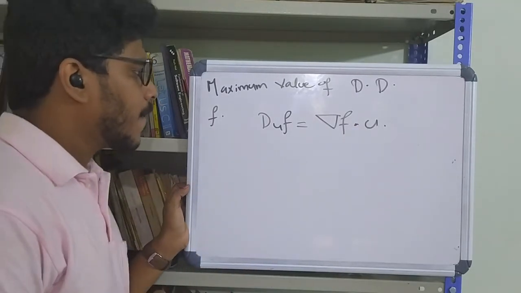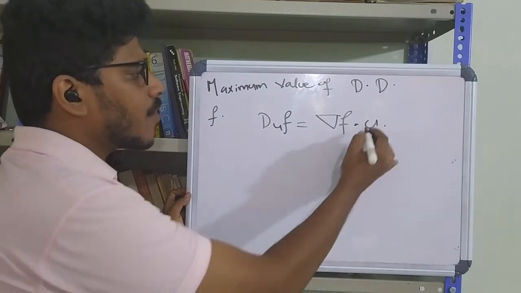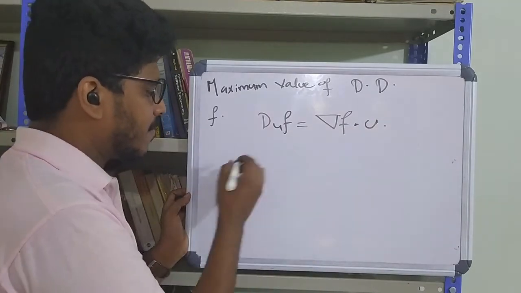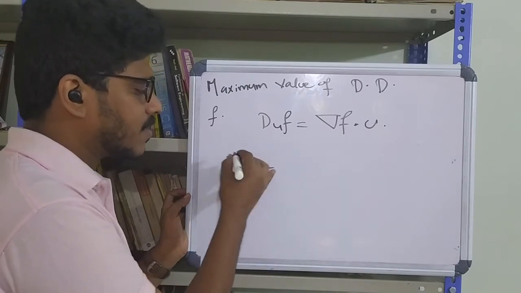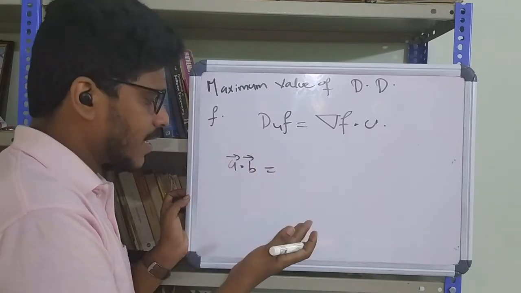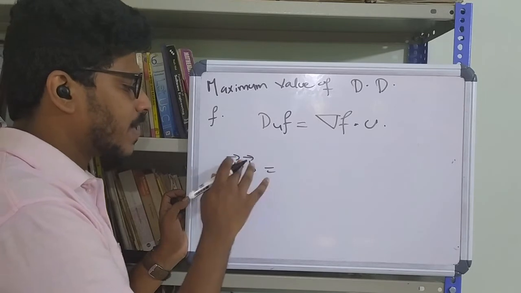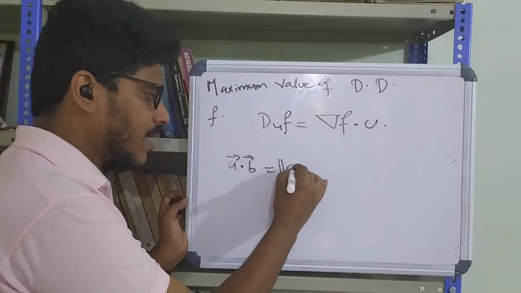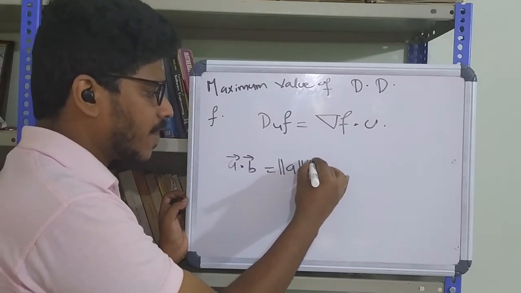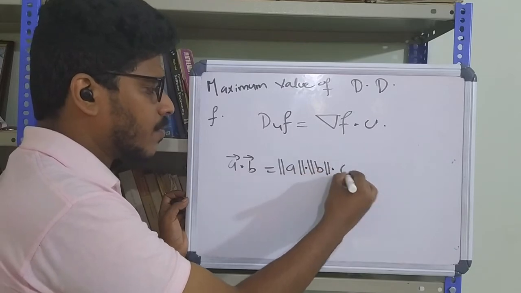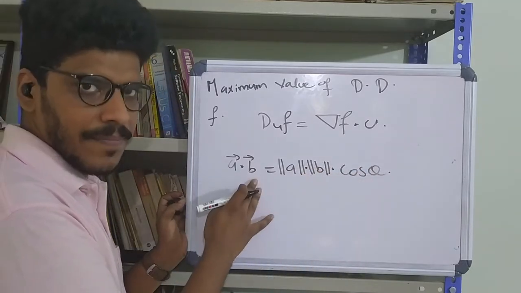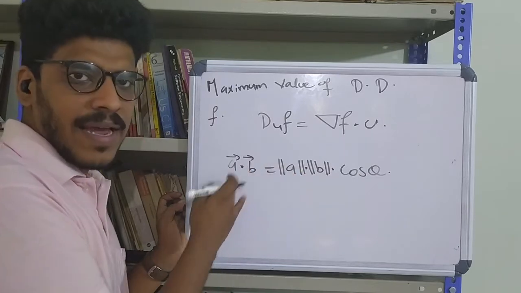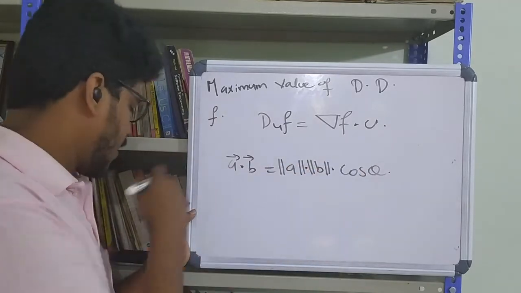Then you know how to calculate the dot product. We have an equation connecting the dot product a dot b. If a and b are vectors having a magnitude and a direction, then the dot product a dot b is a scalar which can also be calculated as absolute value of a into absolute value of b into cos theta, where theta is the angle between a and b. Right, we know this. A dot b is |a||b| cos theta.